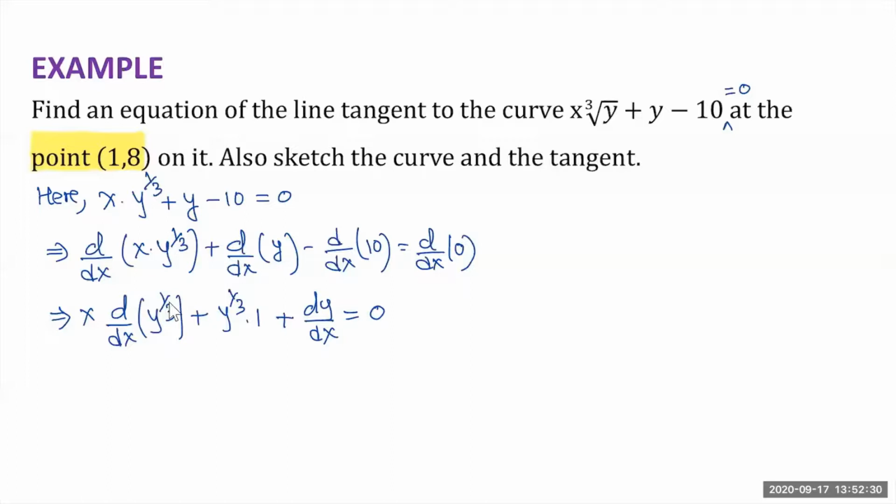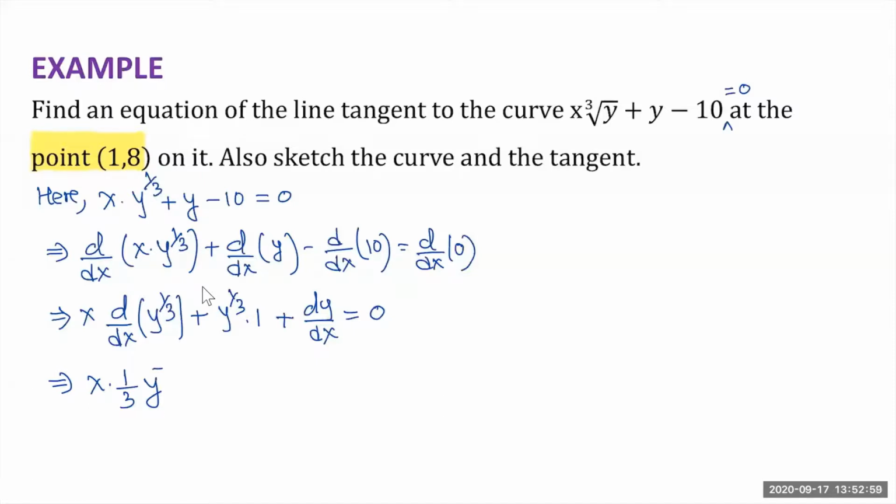Here we have to find the derivative of y raised to 1/3 with respect to x. We are differentiating a y with respect to x. It has a power, so first we are going to use the power rule. You bring the power in front, so 1/3 in front, and then reduce the power by 1. 1/3 minus 1 is negative 2/3.